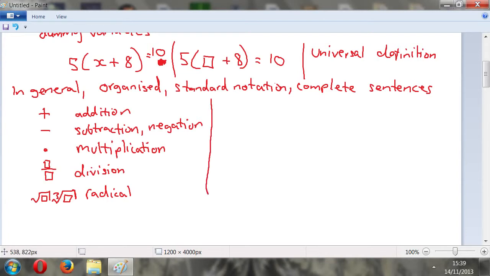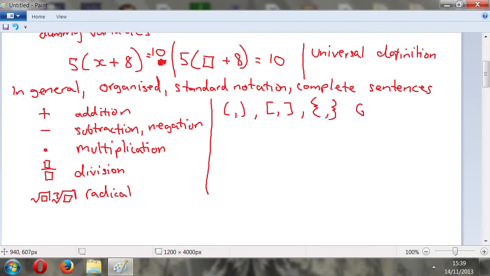Next up, there are certain groupings. We've got the parentheses, the square brackets as well, and finally the curly braces.